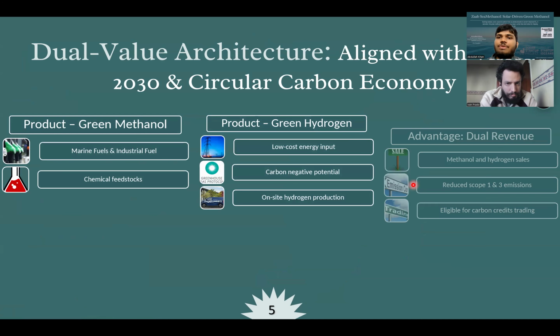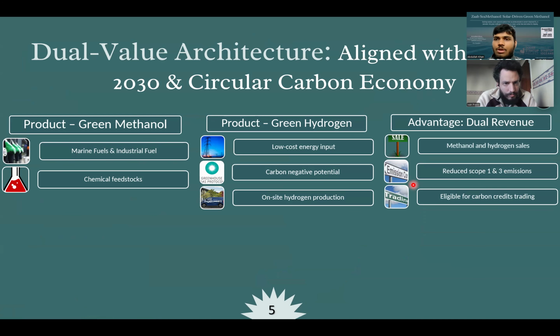The product which we have would be green methanol, which could be used as marine fuel and also for cars, and also as feedstock for production of other chemicals. And then we would even have green hydrogen, for a low cost energy input.